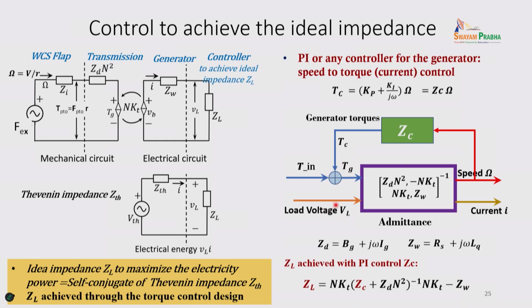You measure velocity, and you generate the torque, and then the torque and the input torque add together. That's the total torque to the PTO system, right? In the PTO system, the first item is ZD, already here. And for example, here is the voltage and current relationship, you have ZW. And from the torque to voltage is coupling through here.